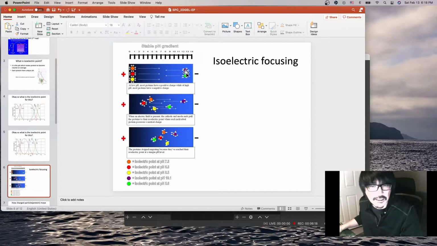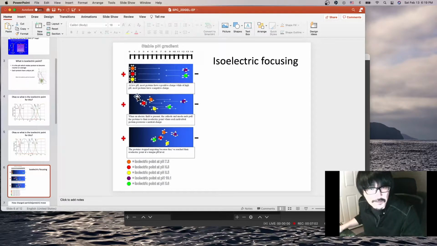Then the negative charges migrate this way because they don't like the negative side, and the positive ones tend to move that way because they don't like the positive side. Let's focus on this highly positive protein. When it migrates, it starts to get negative charge. Parts of the protein have specific pKa's, and depending on the pKa values it may become partially negative or partially positive.